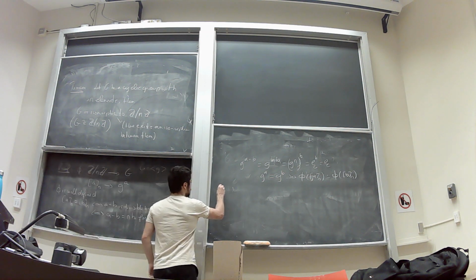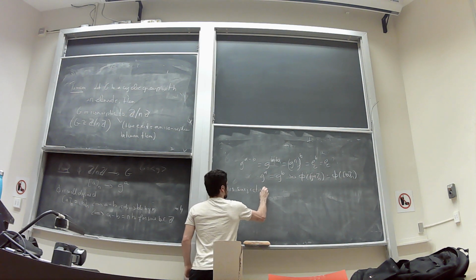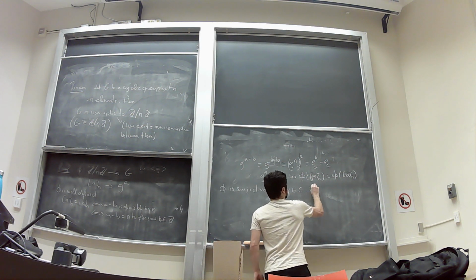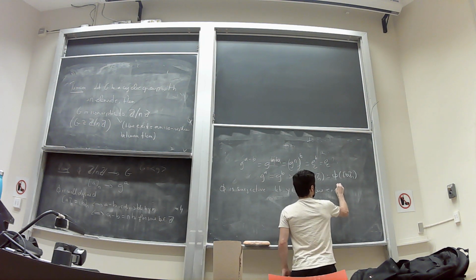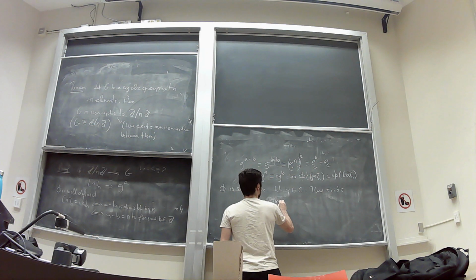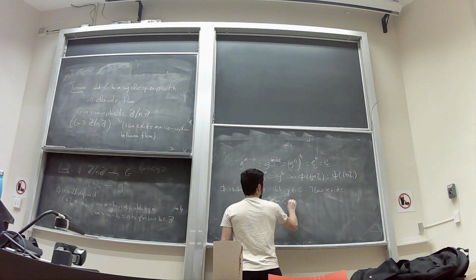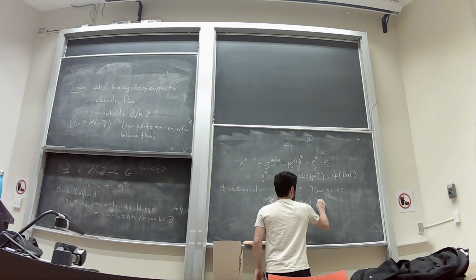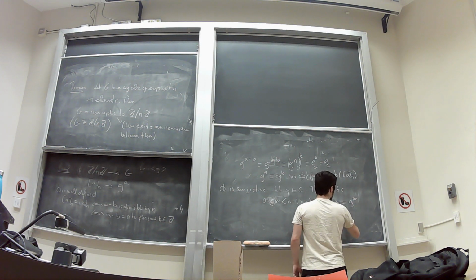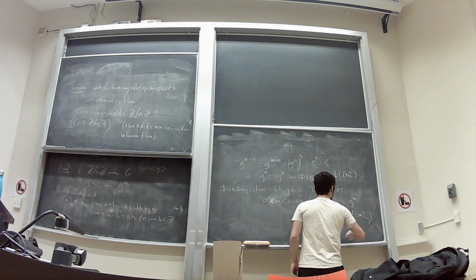So let y be in G. Since G is cyclic, there exists m between 0 and n minus 1 such that y is equal to g to the m, and hence y is equal to phi of the equivalence class of m.